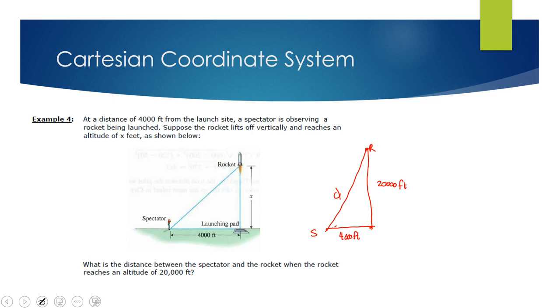So the distance I'm looking for is just going to be the square root of 20,000 squared plus 4,000 squared.